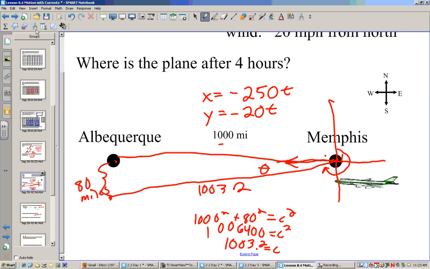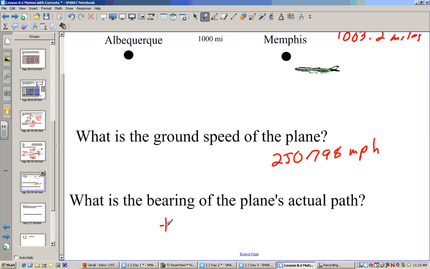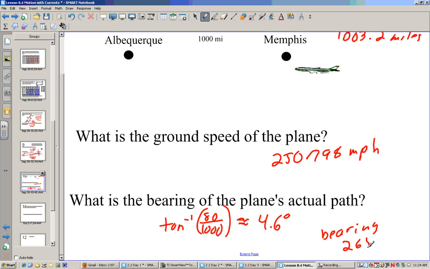So I'll do the inverse tangent of 80 over 1,000 to get 4.5, so about 4.6 degrees. So take that from 270, 270 minus that answer, and the bearing is about 265.4.